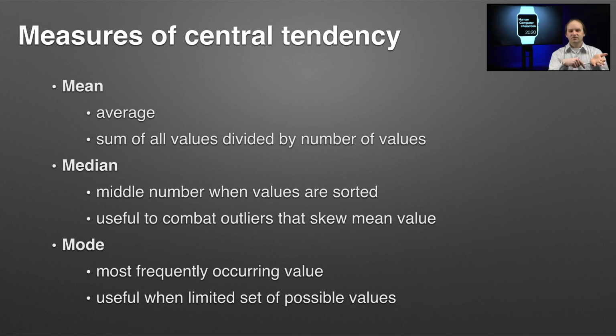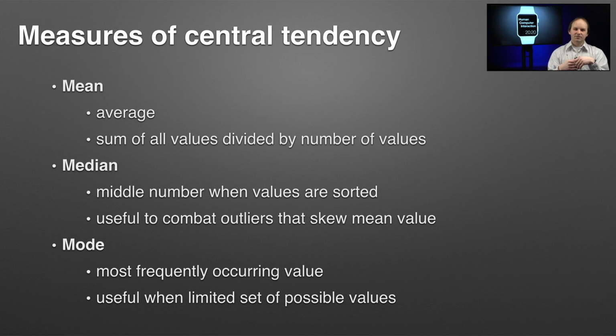In a similar way, you could use a median value, which is just sorting everything, smallest to largest, and then going right to the middle and taking that value. It's really helpful when the distribution is skewed, right? So if you look at the distribution of income in the United States, for example, you've probably got some people at the high end, really way up there, but there's not that many of them.